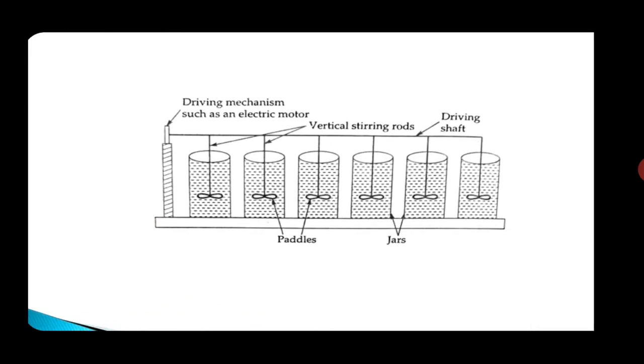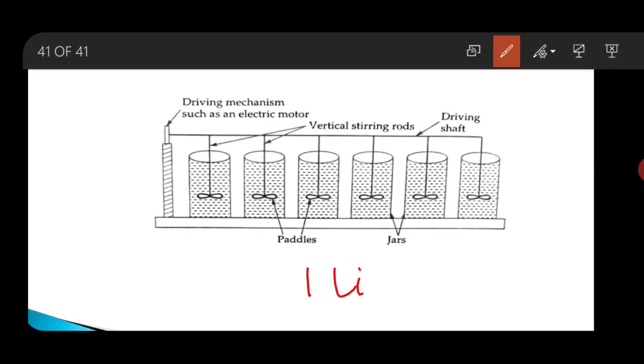The apparatus consists of 6 jars, each having a capacity of 1 liter. Different amounts of coagulant are added to each jar.